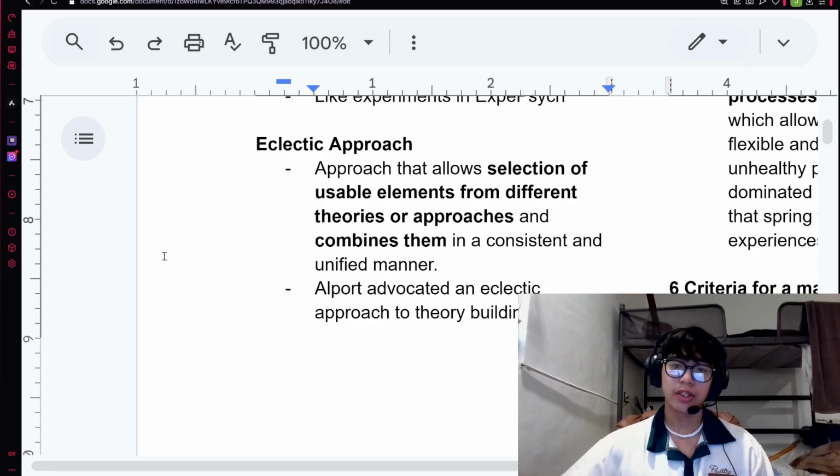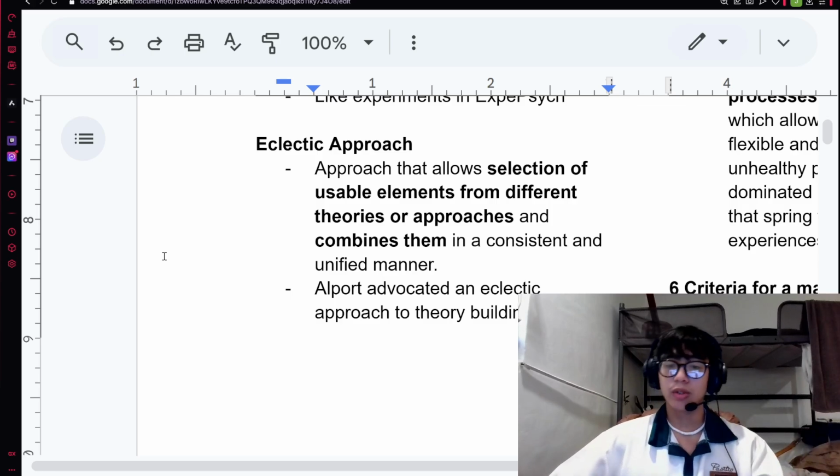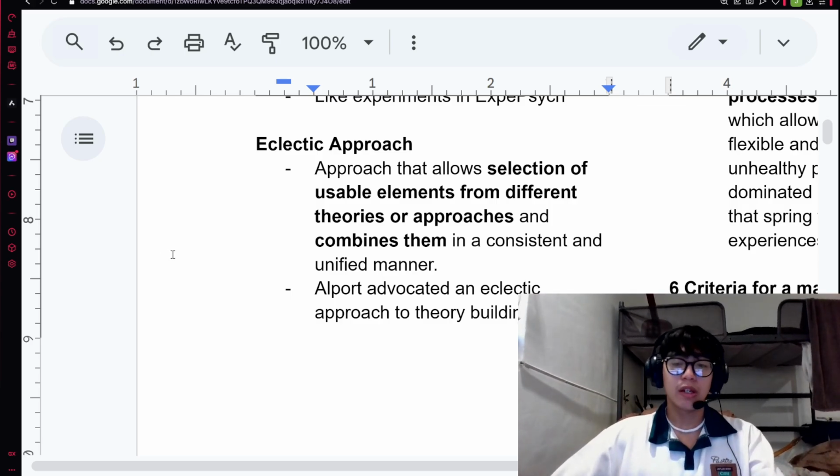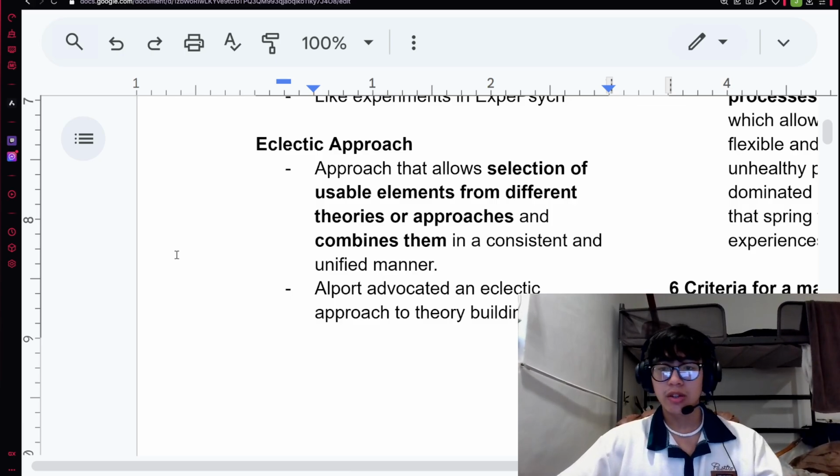This is basically the approach that allows selection of usable elements from different theories or approaches and combines them. This is basically what Gordon Allport did with his theory, where he used multiple elements from different theories, concepts, or approaches, and combined them to make his own.